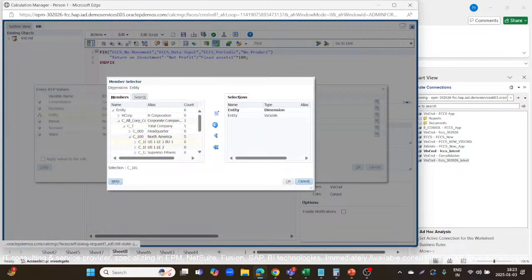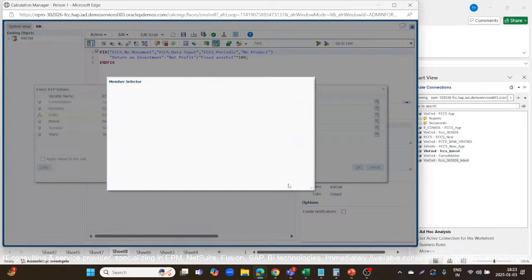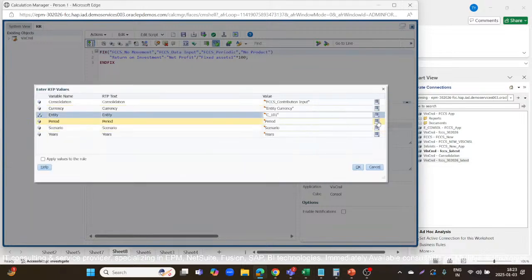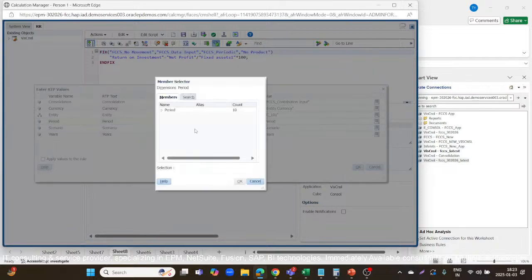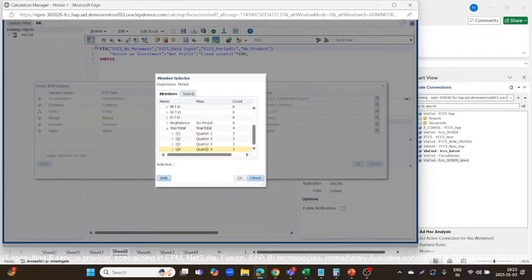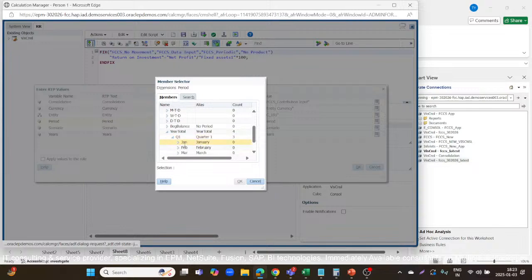This is my entity for which I'm trying to calculate the return on investment, that is C_101. Period is Jan.